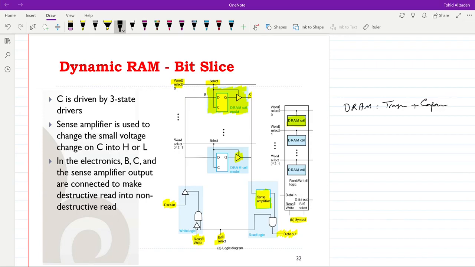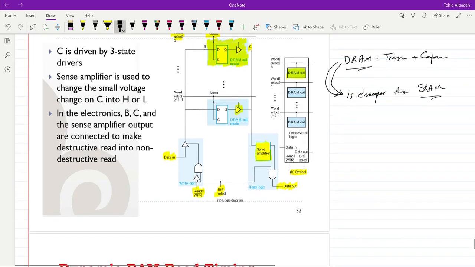So for that reason, the dynamic RAM is in general cheaper than SRAM. The cost of a single cell for dynamic RAM is smaller than what we have for the static RAM. Also the area which is required is smaller. For that reason, the big memories usually are in the form of dynamic RAM.